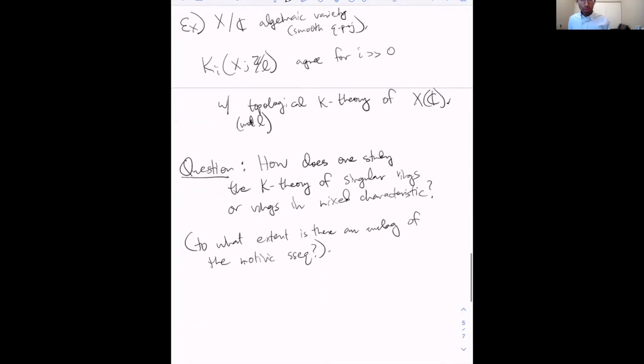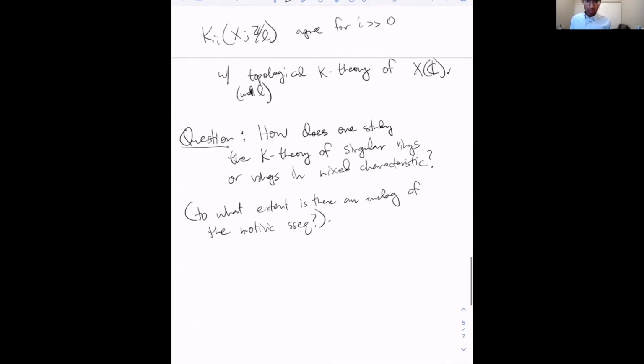A reason that this is more difficult, or at least involves a different set of tools, is that one key feature of smooth schemes and of K-theory is that it's A1 invariant. So the remark is that if R is regular, then the K-theory of R is the same as the K-theory of R[X]. It's called A1 invariant.